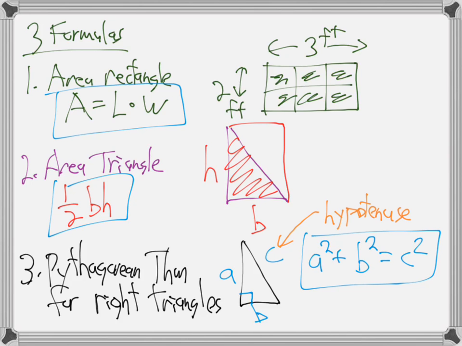See how C is longer than A or B? A squared and B squared adds up to be C squared. C is longer than A and B. It's the one across from the right angle. The other two sides are called the legs of the right triangle, and the hypotenuse is the side not touching the right angle, across from the right angle, the longest side. Hypotenuse. All right, so those are the three formulas.